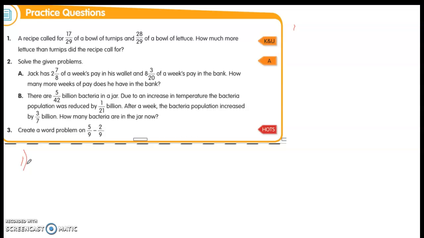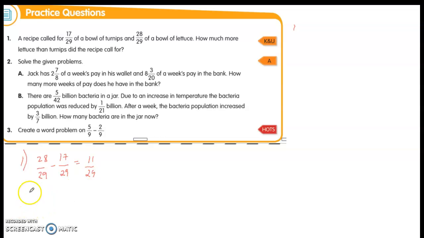So we need to subtract 28 over 29 minus 17 over 29. So we'll have 11 over 29.